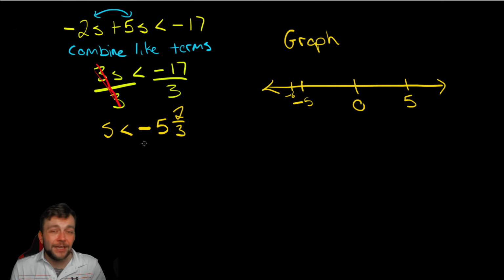So -5 2/3. We have our dot right about, is it an open dot or a closed dot? Can we be -5 2/3? No. So it is an open dot at -5 2/3.